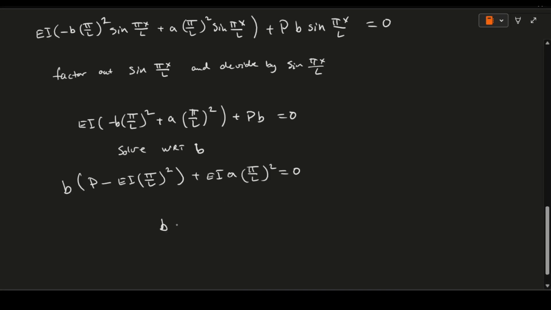Solving for b, we get that b is equal to minus EI a pi over L squared over P minus EI pi over L squared.